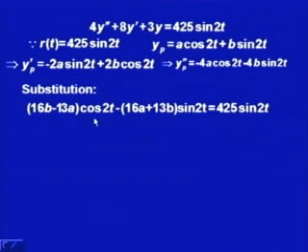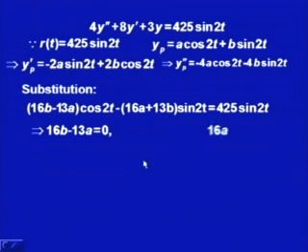So, on the left side the coefficient of cos 2t is 16b minus 13a. On the right hand side there is no term involving cos 2t, that is, the coefficient is 0. So, we get the first equation as 16b minus 13a is equal to 0. Now, the coefficient of sin 2t on the left side is minus of (16a plus 13b) and the right side is 425.